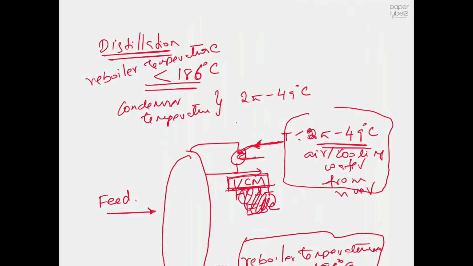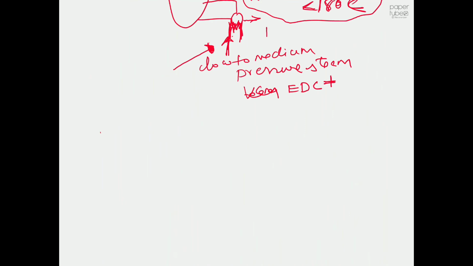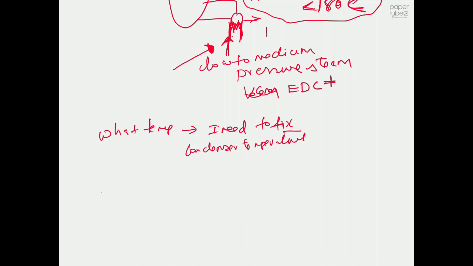So how to fix these temperatures precisely? What temperature do I need in the condenser, and what should be my reboiler temperature?